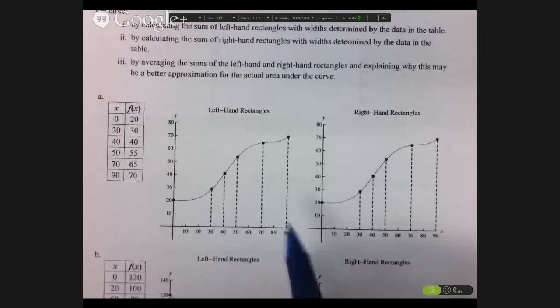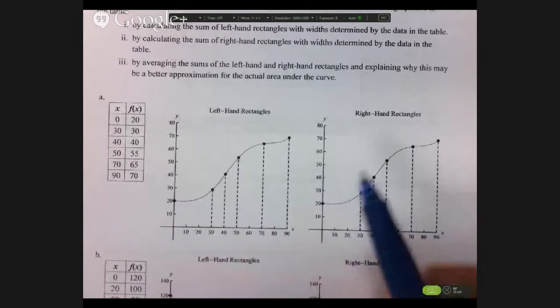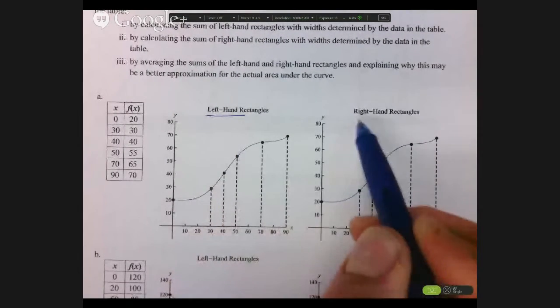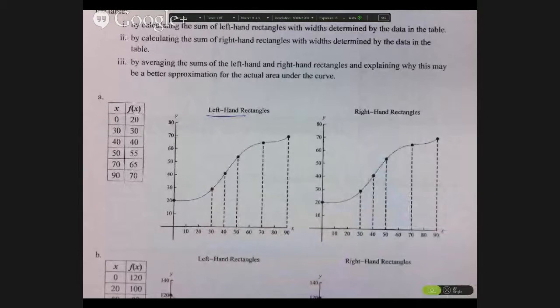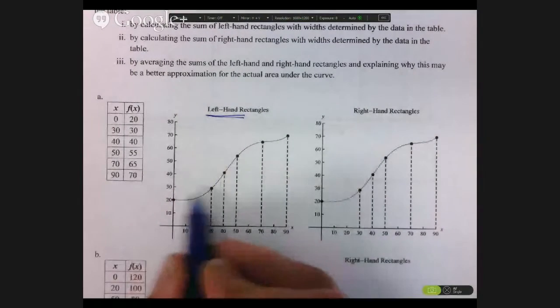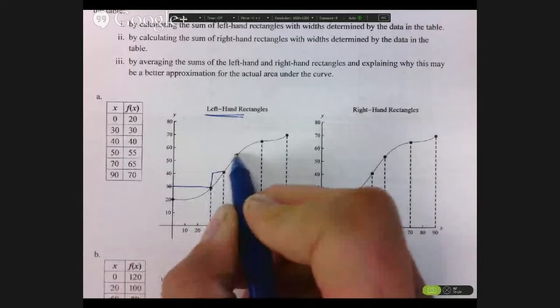On a curved function, we have to do 2 different calculations with rectangles to estimate a high and a low, and then we average them. Right? So if this is a left-handed rectangle, we do the dots and form rectangles from the left of the dot.